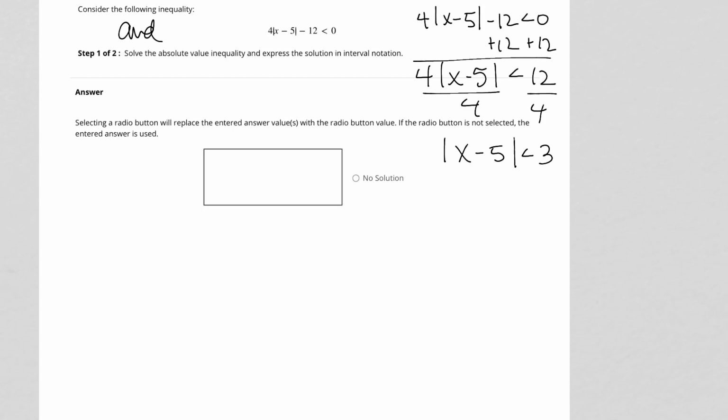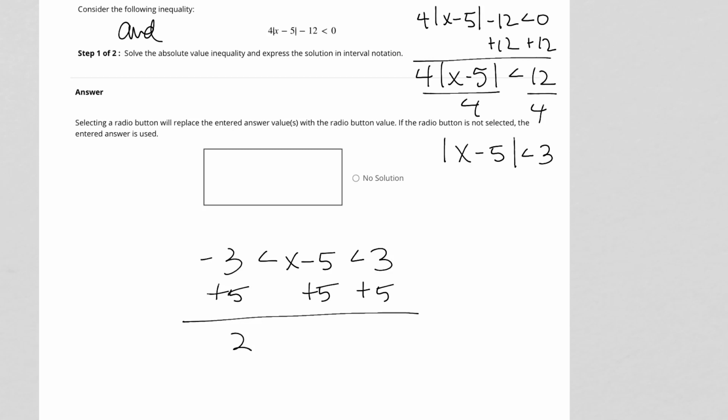And since it is an and statement, the x minus 5 goes in the middle, less than 3, and negative 3 on that side. So I have negative 3 less than x minus 5 less than 3. And I am going to add 5 to each piece.